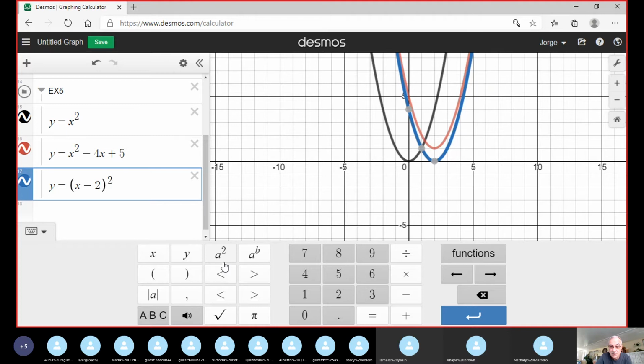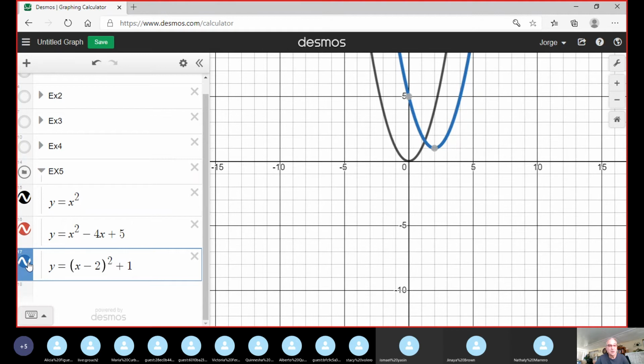The blue one, horizontal. Wow, look at that. This expression, the red one, which is the original, is equivalent to the blue, but in blue it is more clear to see the transformation. In conclusion, we have a horizontal shift 2 units to the right, and a vertical shift 1 unit up. Super?